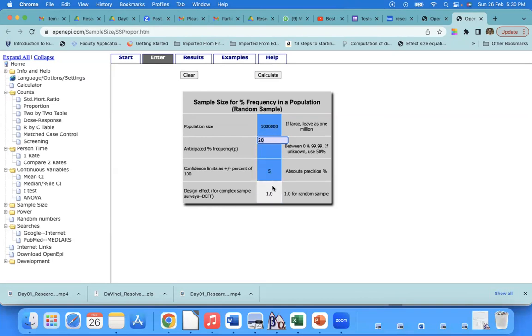And in previous studies, we found that there is a variation between 15 to 25. So we gave confidence limit, absolute precision, as 5%. So 20 and 5%. Design effect means what?